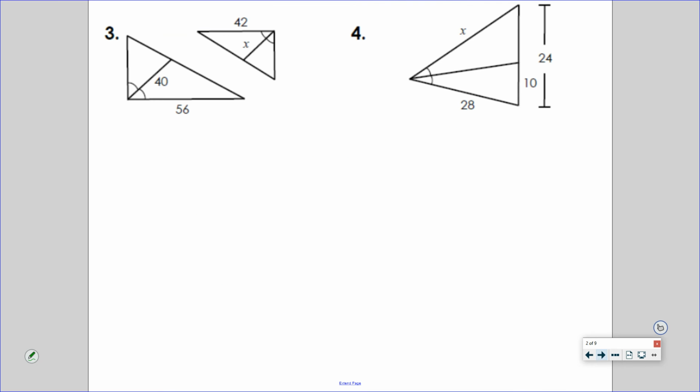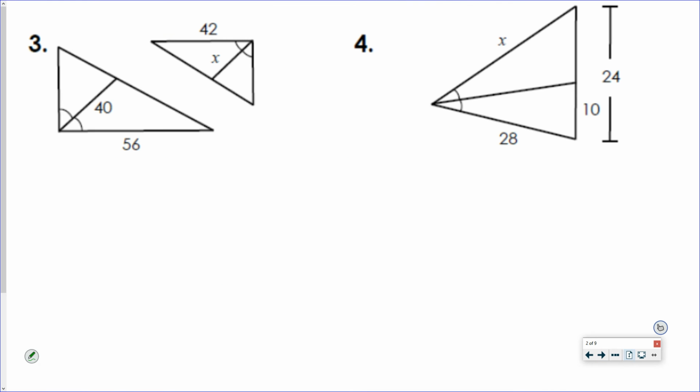Number 3 was similar. Which special segment is this? Angle bisector. Thank you, Matthew, for participating in my lesson. Angle bisector. Same thing as median and altitude: the lengths of those are also proportional to any set of corresponding sides.